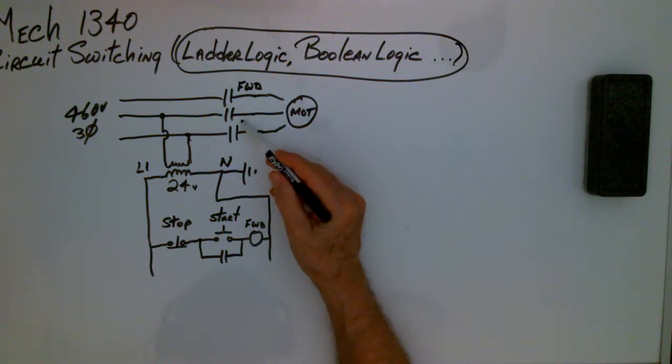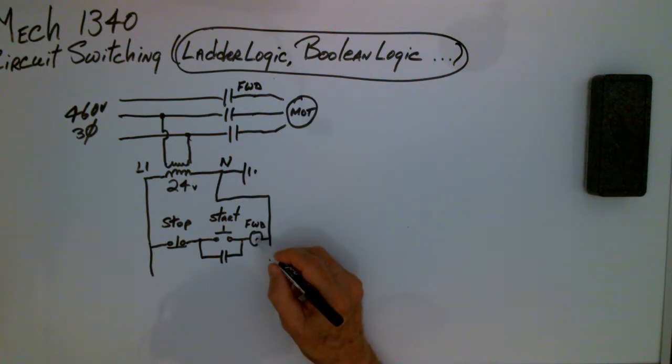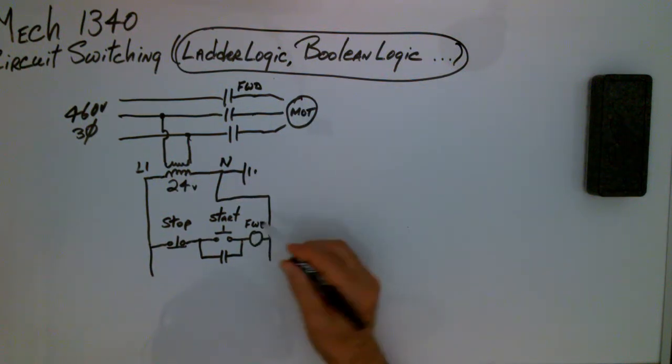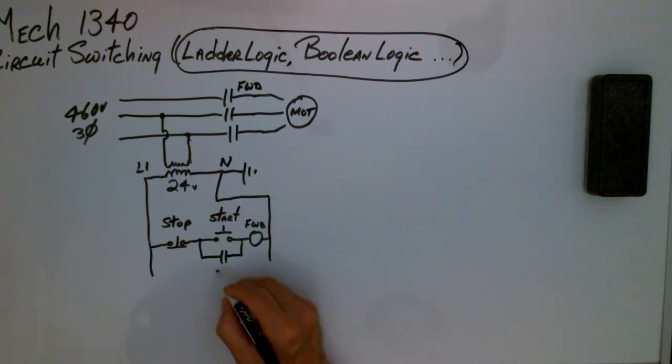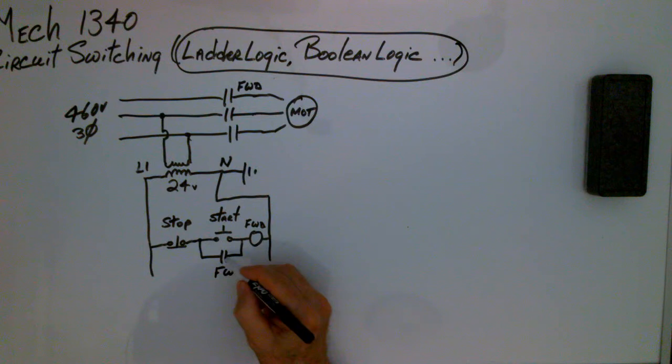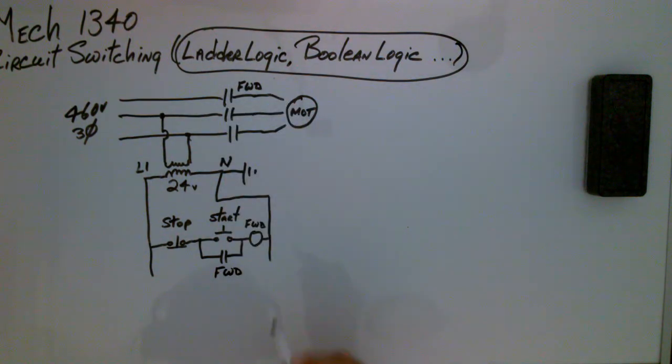This motor will start whenever this coil is energized. This coil will be energized, and by the way, I've got to call this forward also. These are all part of the same device.